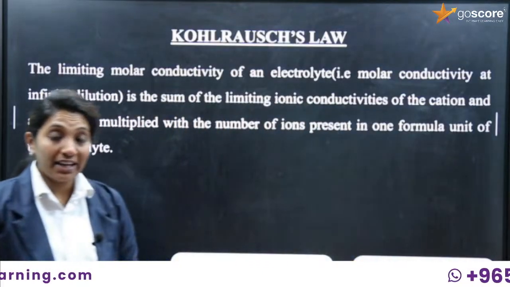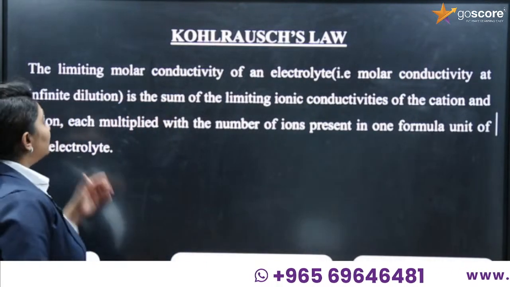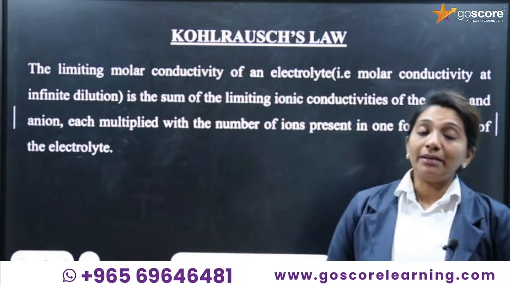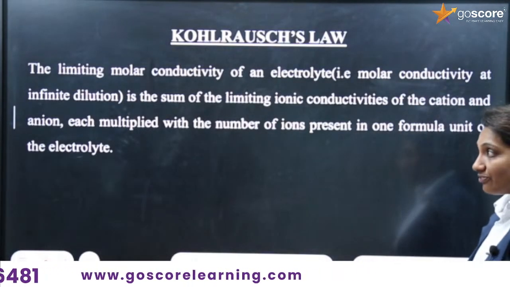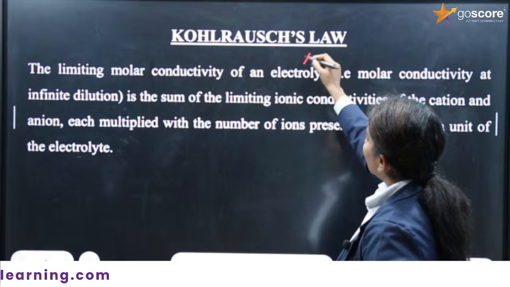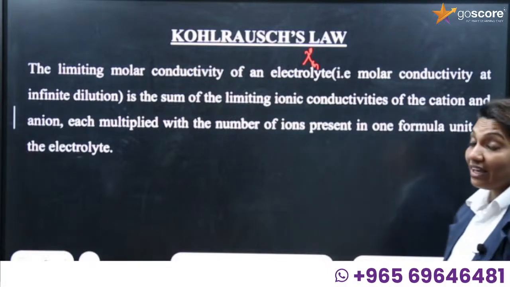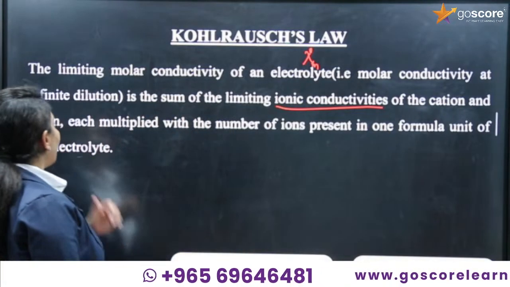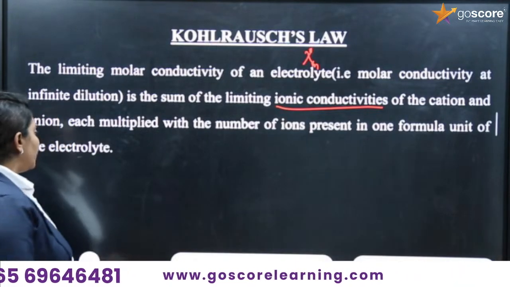Now let's see the very important term, that is Kohlrausch's law. Kohlrausch's law states that the limiting molar conductivity of an electrolyte, that is the molar conductivity at infinite dilution, that's what the limiting molar conductivity is, that is lambda not m, is the sum of the limiting ionic conductivities of the cation and anion, each multiplied with the number of ions present in one formula unit of the electrolyte.